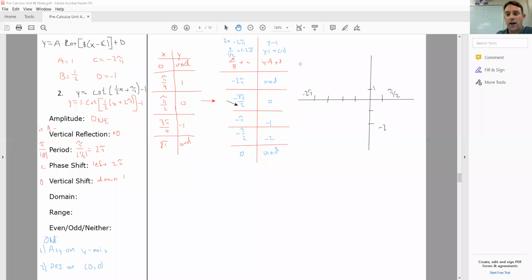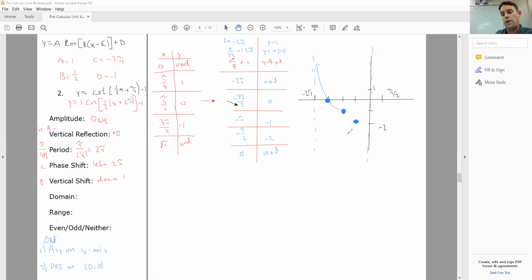So we'll graph our asymptotes. And we'll graph our points in there. Negative 3 pi over 2 is 0. Pi negative 1. And we have here, from the point of inflection, we're going to graph our graph out.